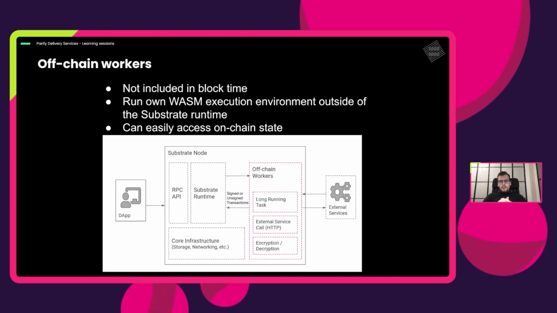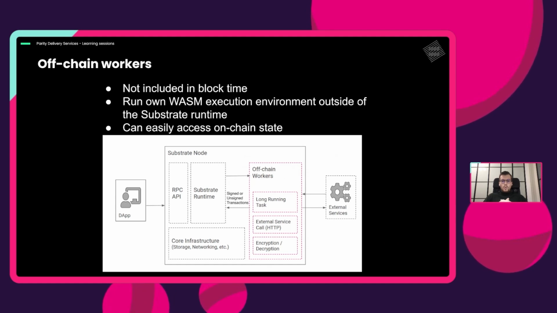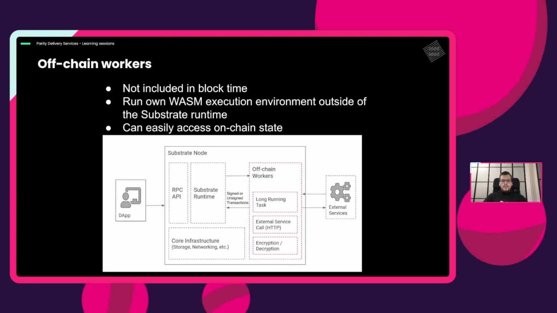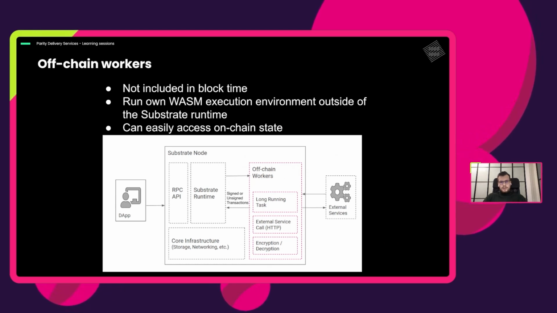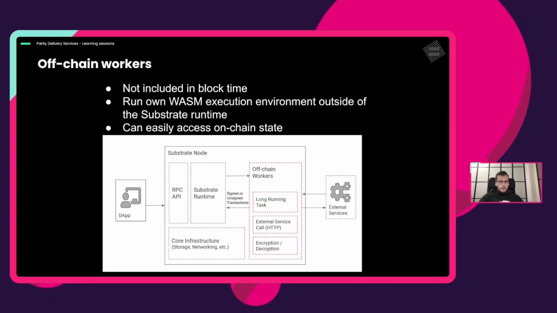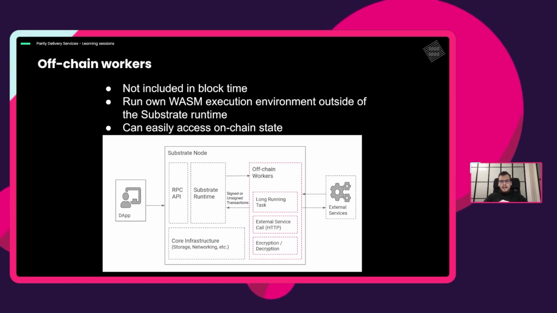To give more overview, off-chain workers have their own WASM execution environment and are outside of the Substrate runtime. When we want to specify some logic for an off-chain worker, we need to write that logic inside a pallet so that the off-chain worker can easily access our blockchain state.